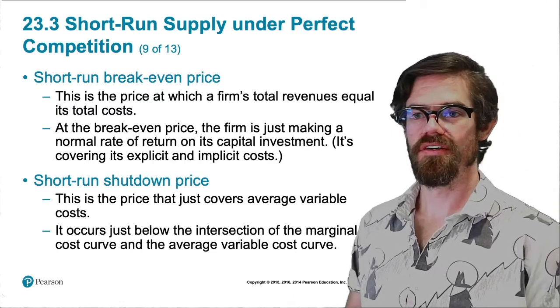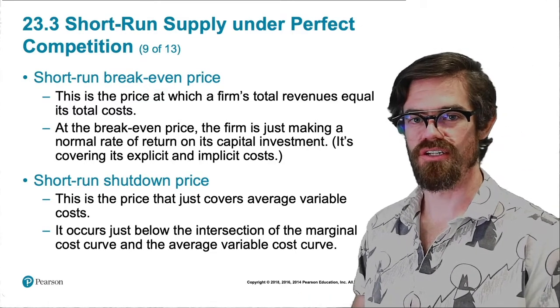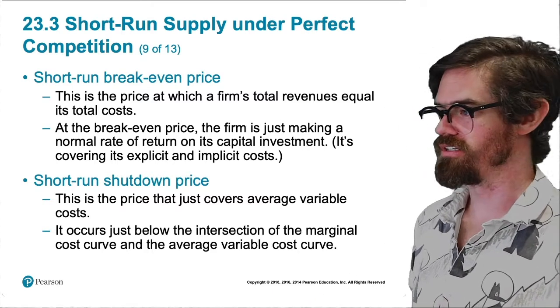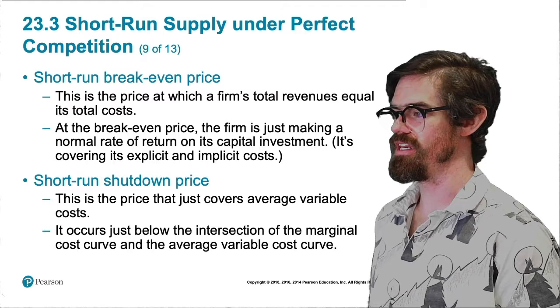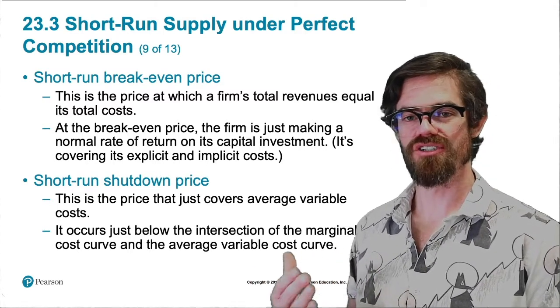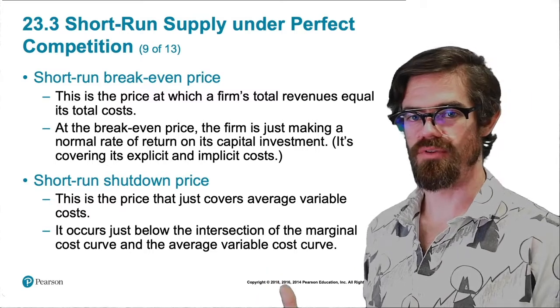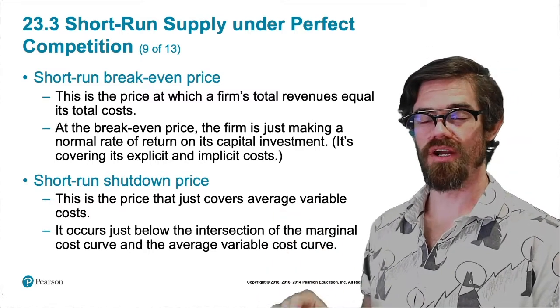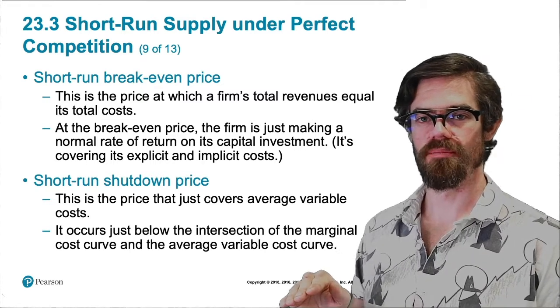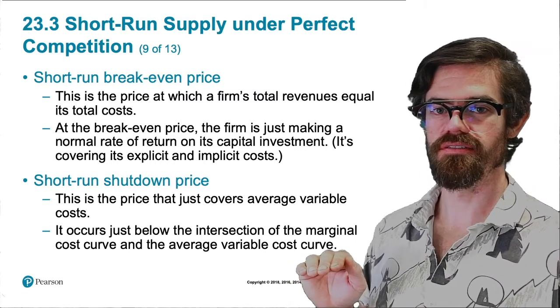And there's a threshold basically that determines whether the firm should shut down or continue operating at a loss, and it's called the short run shutdown price. I'm sorry, I first called it the break-even price, but that's actually what I just described as the short run shutdown price. The short run break-even price is the threshold where the firm makes zero profit.